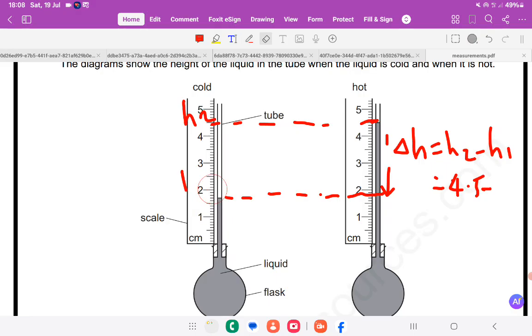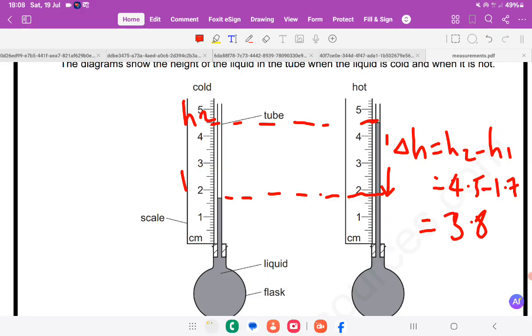Subtracting the reading before heating, which is 1.7. Yeah, 1.7. So we subtract 1.7. Alright, so subtracting these two shall give us 3.8.